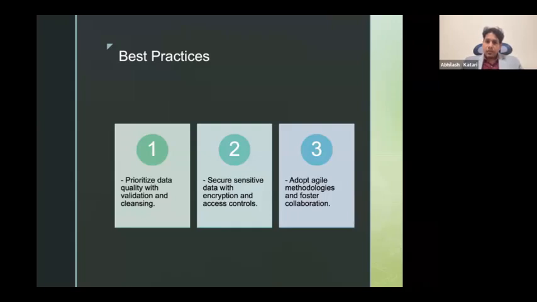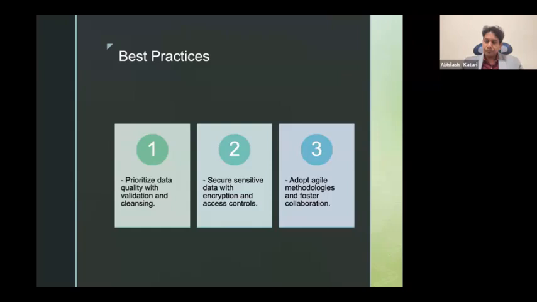And the second thing is, how do you secure the sensitive data mainly? All the data that is coming to the organization might include sensitive information, and this sensitive information has to be handled in a pretty good way. What I mean is we cannot have any loose ends when we are dealing with the sensitive data.